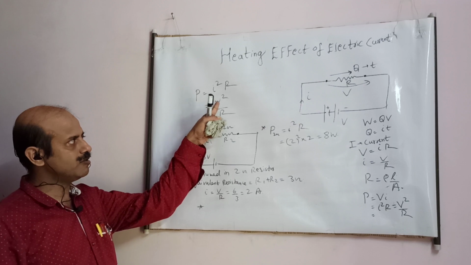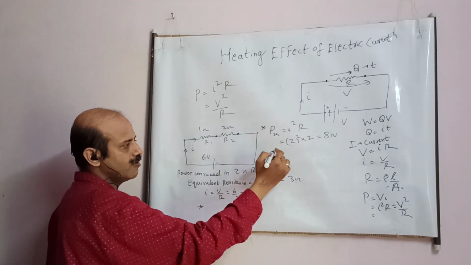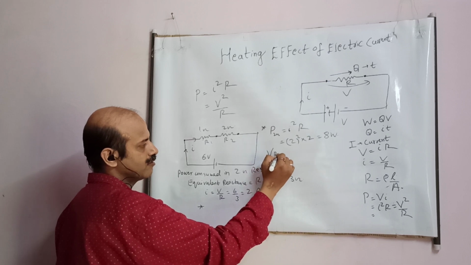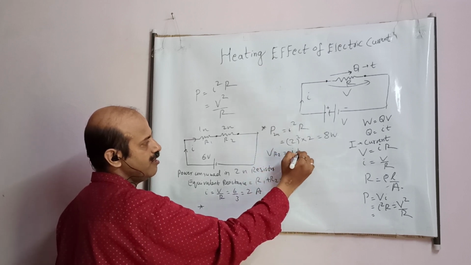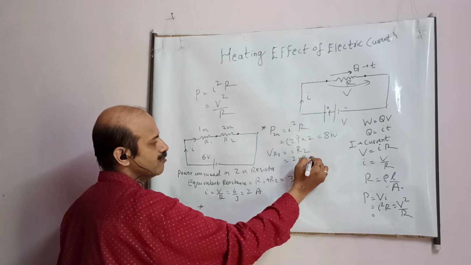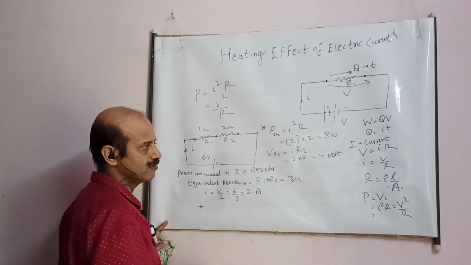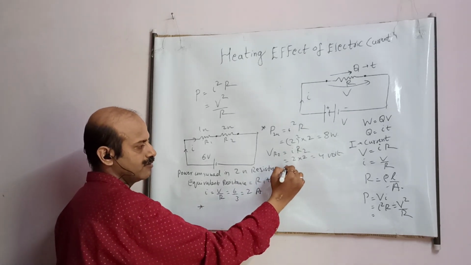Now if I want to use this other formula, student, I have to know the voltage across this. So how much is the voltage across this? The formula is I R2. I is 2, student, R2 is 2. So 4 volt. Now, student, power.